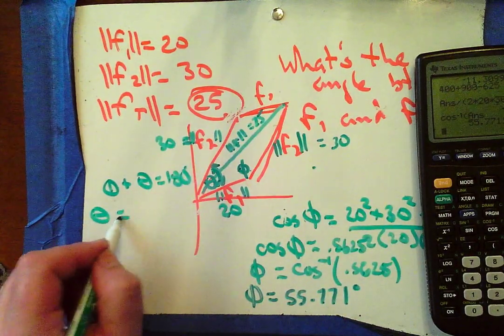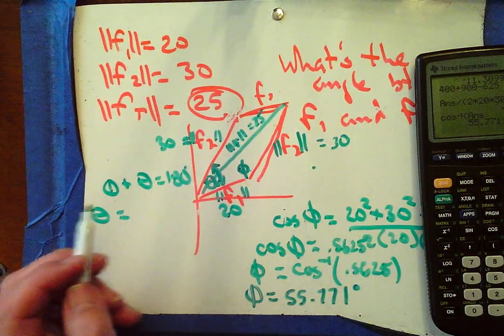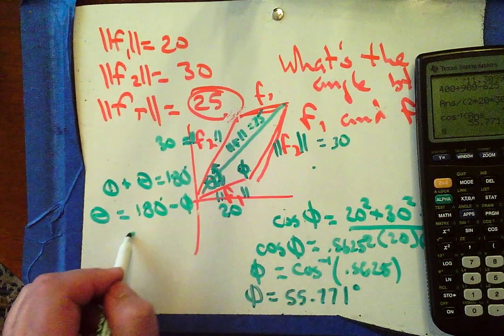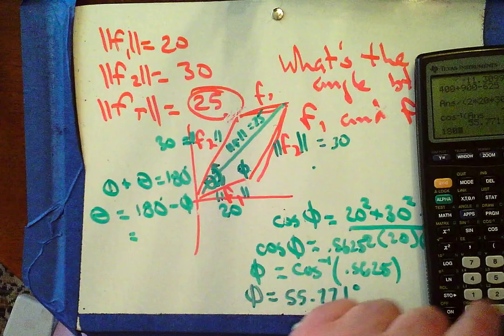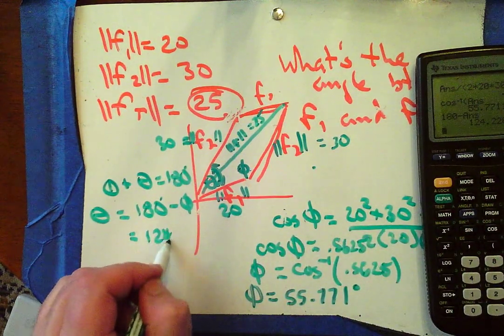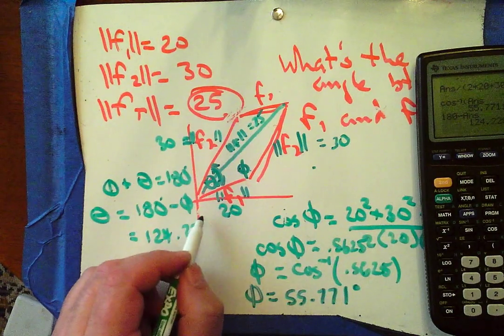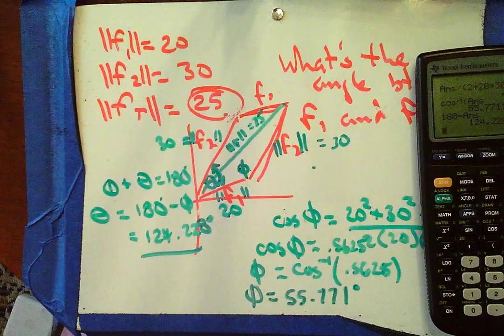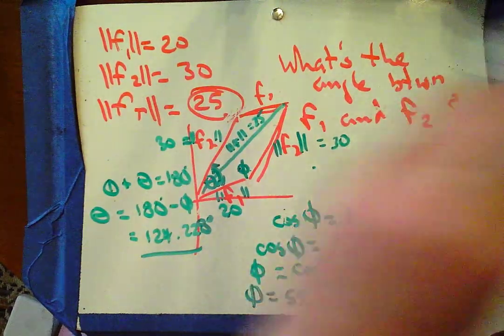So if we're looking for theta, the angle in between the two vectors, we're going to do 180 minus phi. And in our problem, 180 minus that angle we just found is 124.228 degrees.